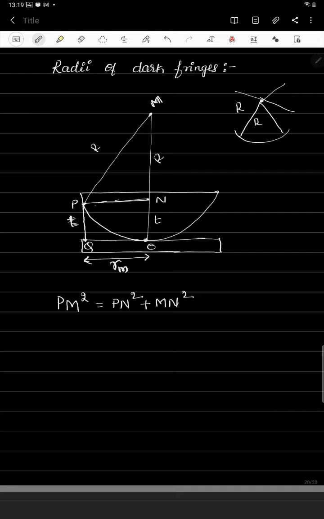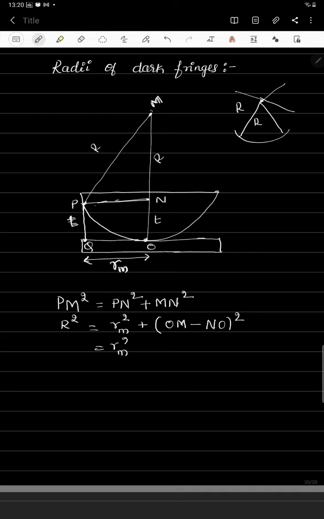PM we know, P to M distance, that is R, the radius of curvature. R square is equal to PN, which is the radius of the dark fringe located at the point Q, so I can write it as r_m square, plus this MN square. This MN I can write as OM minus this NO, whole square.